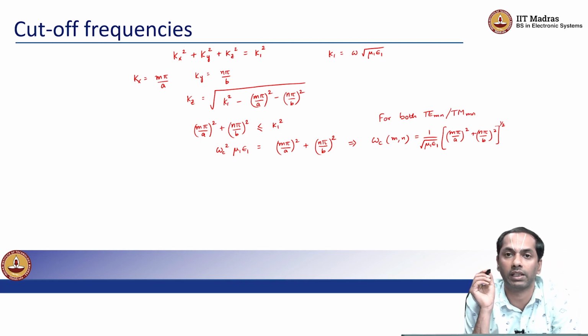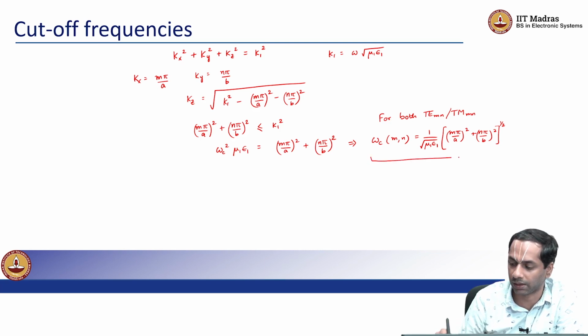Of course, for the TE case and the TM case, there are certain restrictions on whether m or n can be 0, right. So the allowed values for m and n for the TE and the TM case might be slightly different, but nonetheless, given a valid index m comma n for a particular class, whether it is TE or TM, the cutoff frequency is given by the same expression, right.